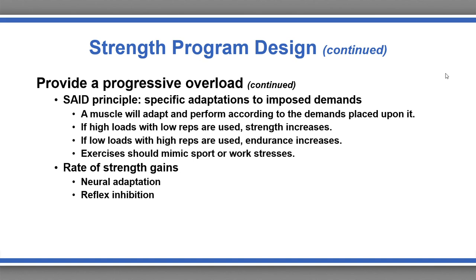At the end of the day, the exercises should mimic the sport or work stresses. So there should be some level of specificity to the exercises that are being performed. And the rate of the strength gains, once again, will be related to neural adaptation and the reflex inhibition.